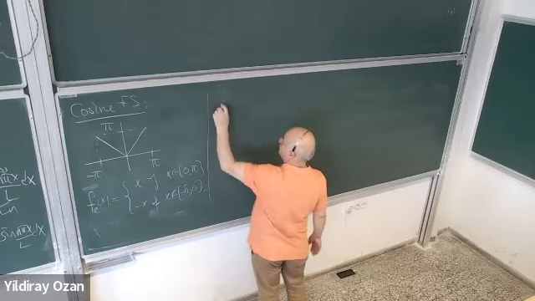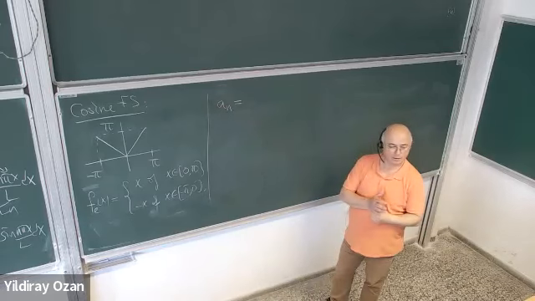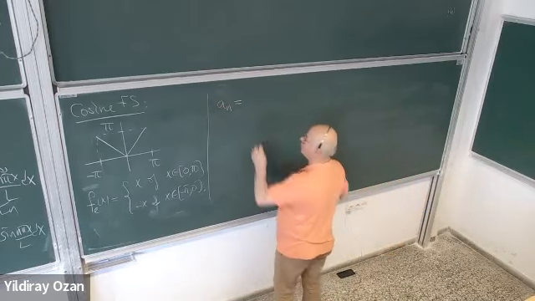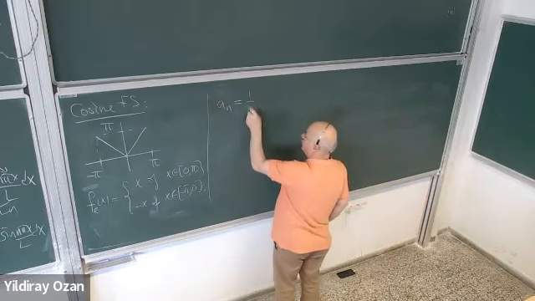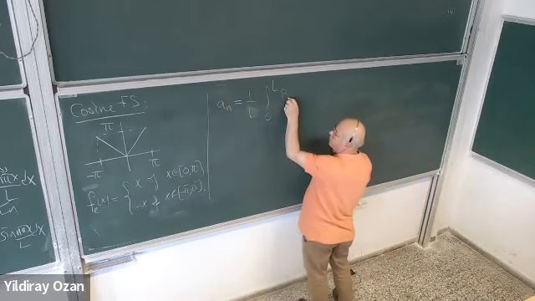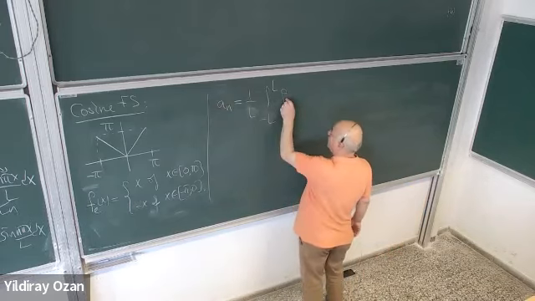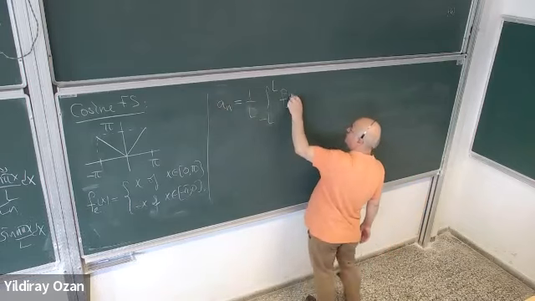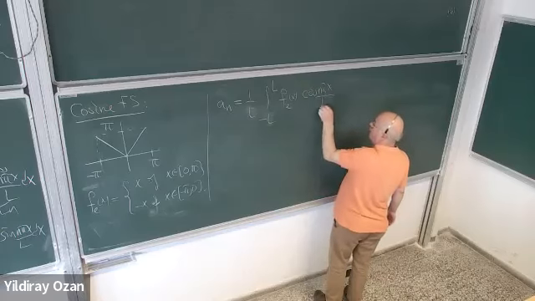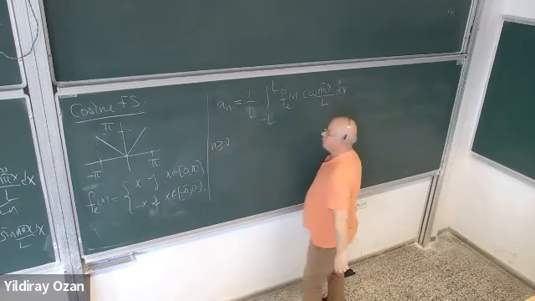So for that I need an, what is this? An is 1 over L, right? 1 over L, okay, from minus L to L. Sorry, minus L. Then f even of x times cosine n pi x over L dx. So here n starts from 0.